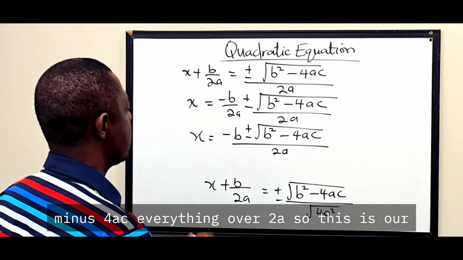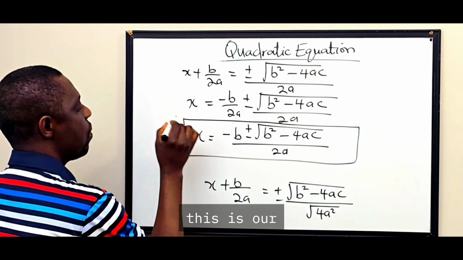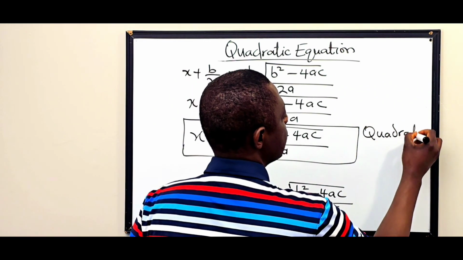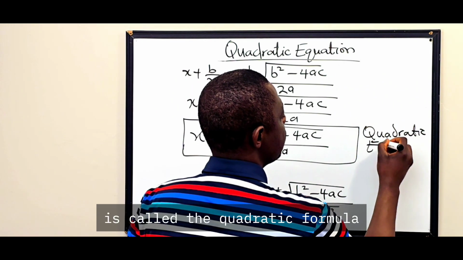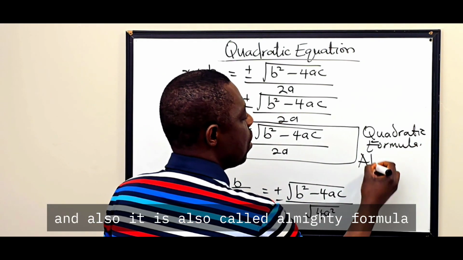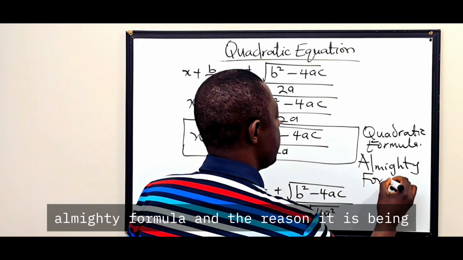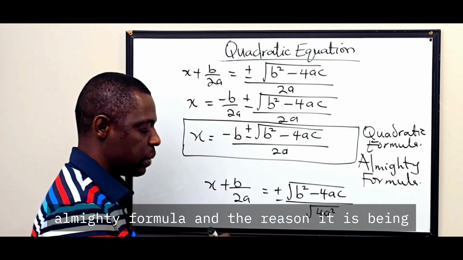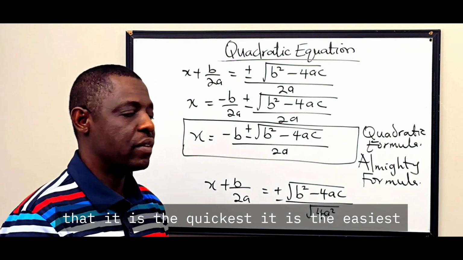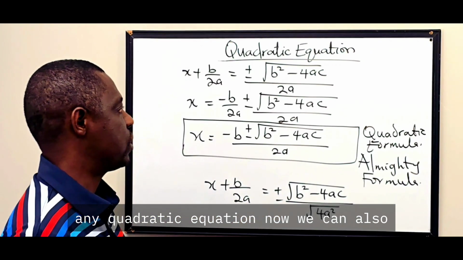So this is our quadratic formula. It's called the quadratic formula, and it is also called the almighty formula. The reason it is called the almighty formula is that it is the quickest and easiest way for you to solve any quadratic equation.